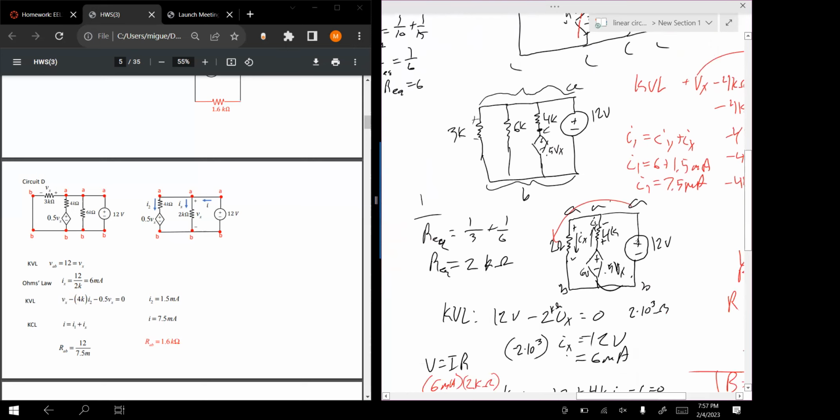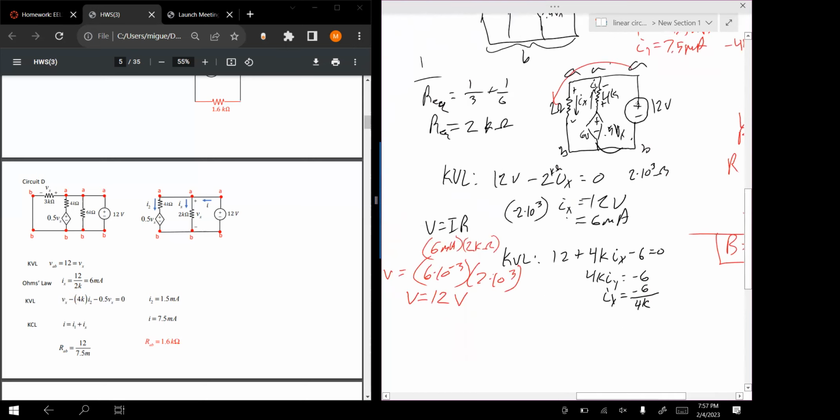So with that knowledge, the current is flowing through this resistor, and we know that resistor is going to have voltage Vx. So we plug it in down here: the current times the resistance gives us the voltage.